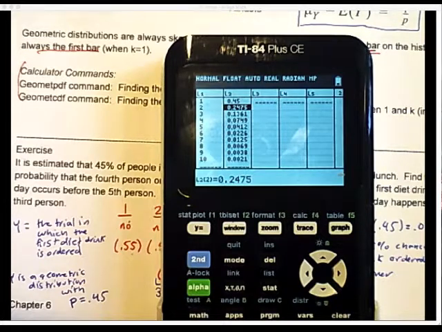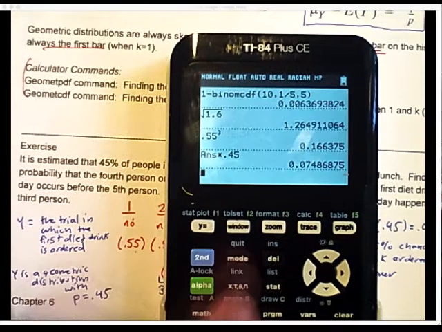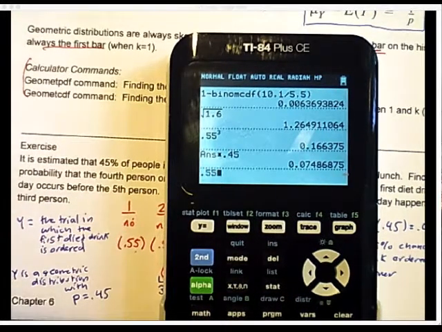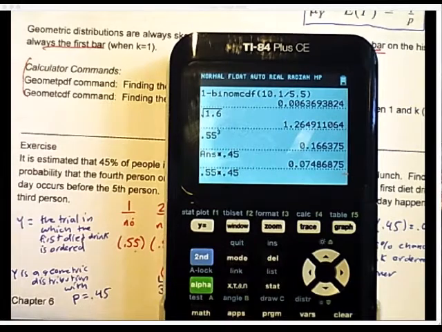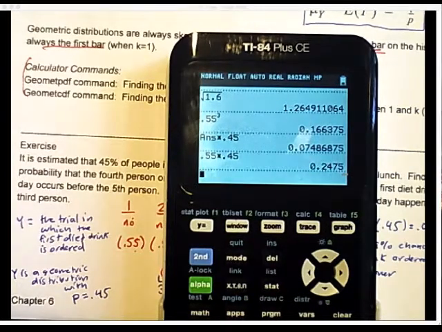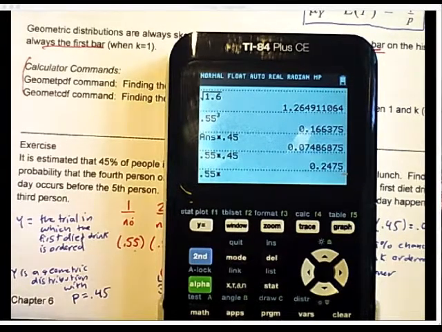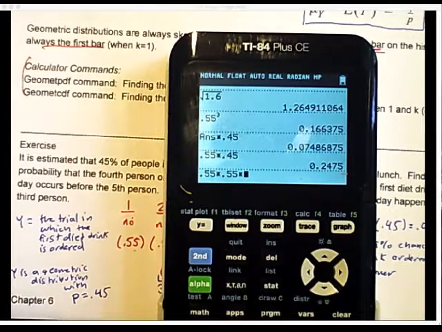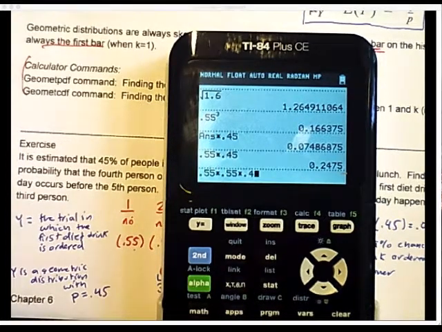Well, the only way that happens is if the first person does not order a diet drink and the second person does. So that would be a failure, then a success. Look at that, 0.2475. What about the next one? All right, if the third person is the first person to order a diet drink, then that means you would have 2 failures, then a success.